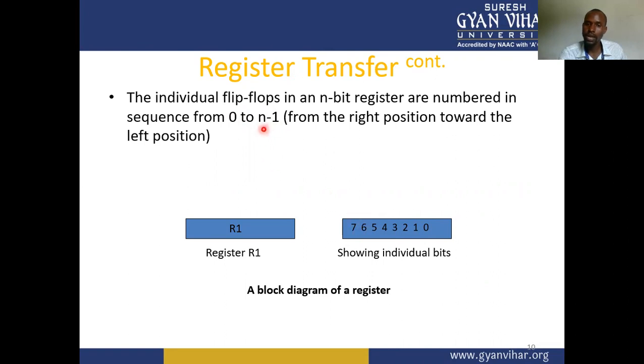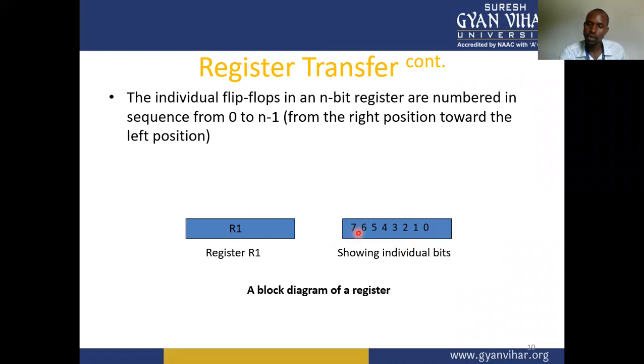So that is why n refers to the number of bits, that is 8-bit or 12 or 16-bit, and the last index will now be n minus 1. So it will have the last value as 7. These bits are numbered from the right position towards the left.